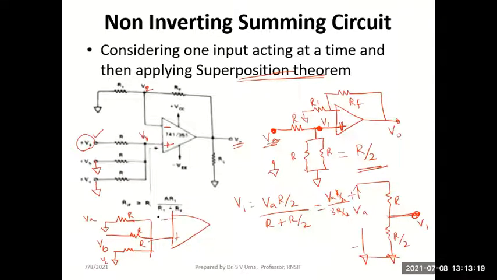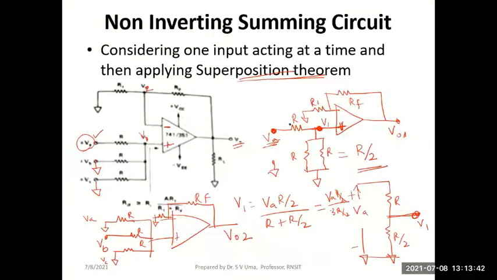And the inverting terminal is as before, no changes there. So the same circuit, except that now I am considering, let me call this V01. In the second case, you call this V02 or V0B, whatever you want. When VB is the input, output voltage will be V02.